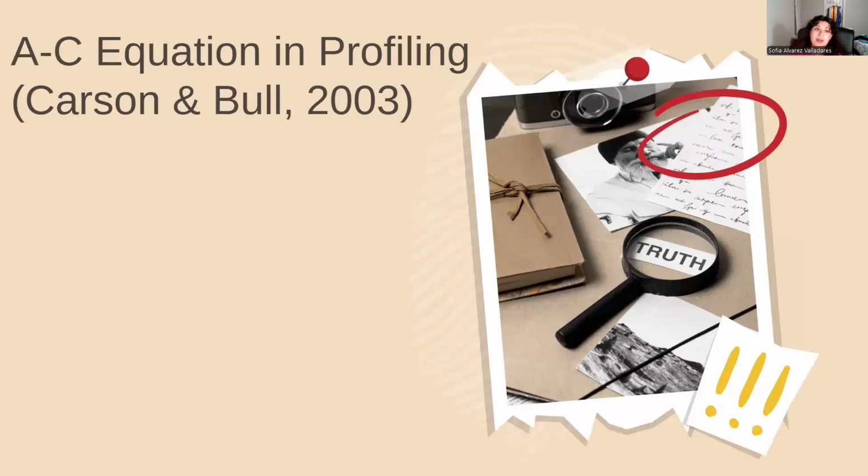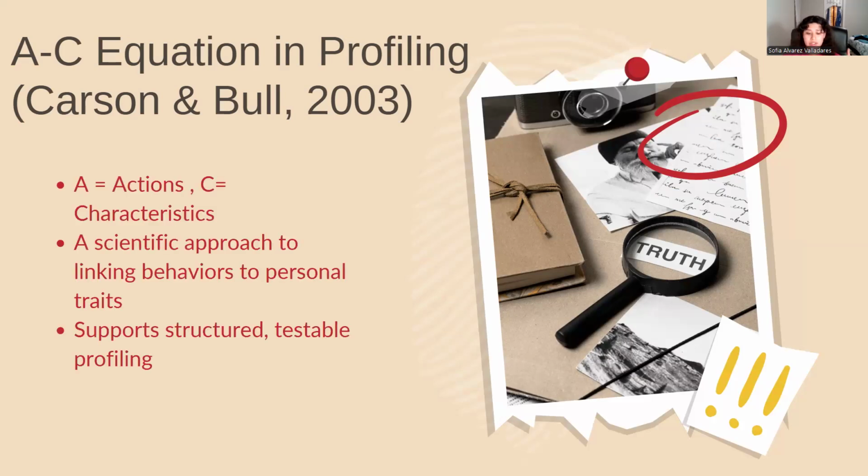Now we'll be talking about the A to C equation of profiling. The A to C equation, developed by Canter and Youngs, stands for actions equals characteristics. This model is very observable, as it observes behaviors at a crime scene to infer likely traits of an offender.